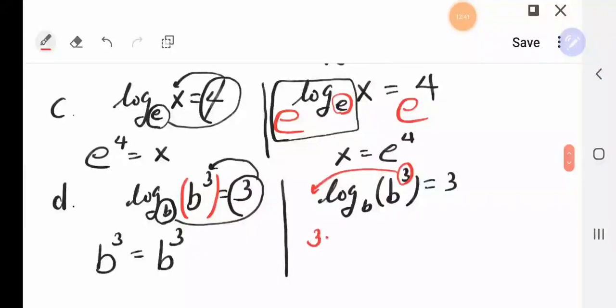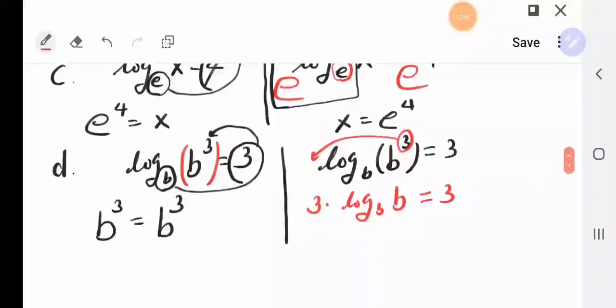So this will be 3 times logarithm base b of b is equal to 3. And then the base of the logarithm and inside are the same, so this will be 1. So 3 times 1 is equal to 3. So the answer will be 3 times 3.